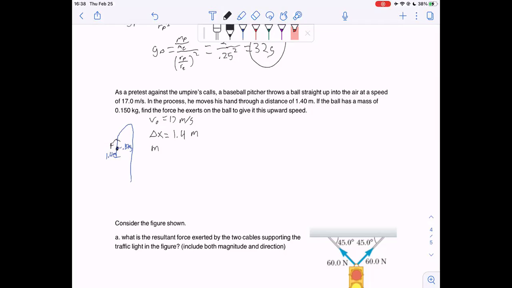So we know the mass is 0.15 kilograms. So what do we have to find first to find force? What's our equation for force?